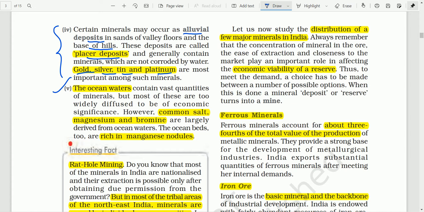But we are extracting common salt, magnesium, and bromine from the ocean waters. And at the same time, the ocean floor also contains rich quantities of manganese nodules. So in this way, minerals occur on the surface of the earth and in the subsurface.